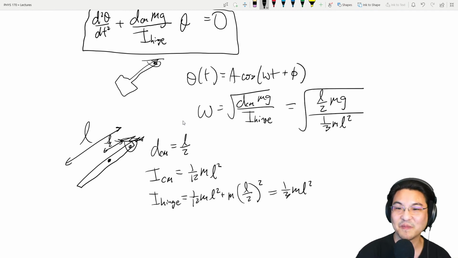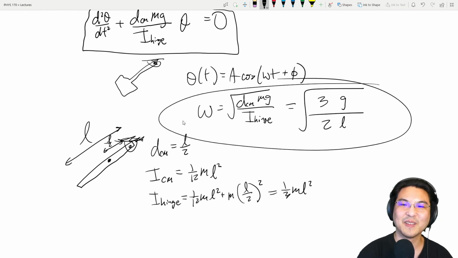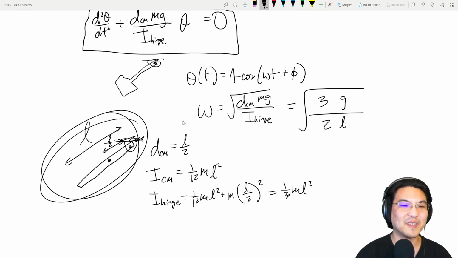That would be the answer. And then things would cancel here: mass would cancel, L over L squared, and then 1/2 over 1/3. Let me just flip those around, it would be this way. So this would be the answer if it were just a single slender bar.